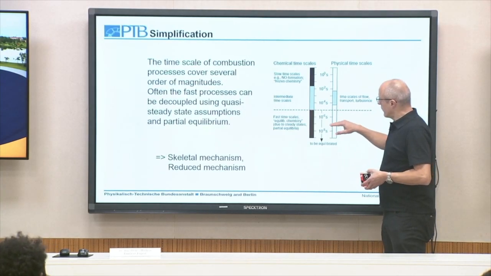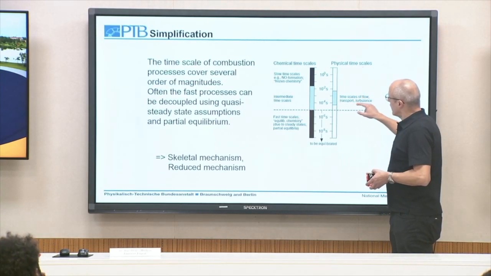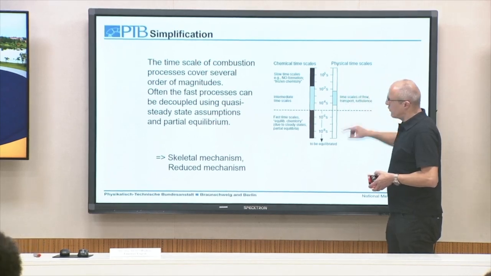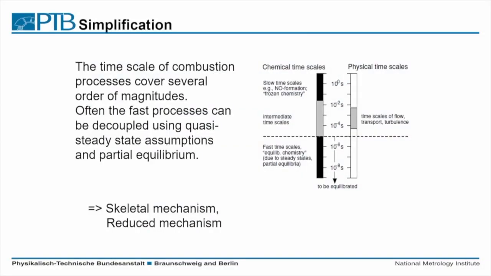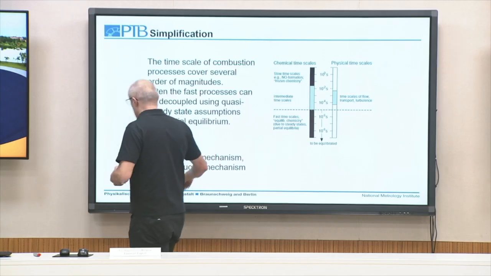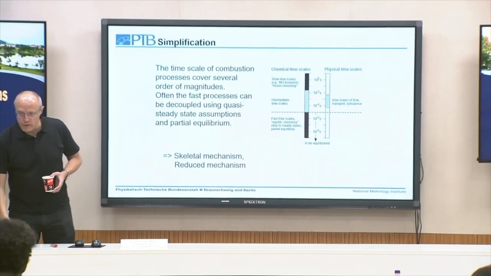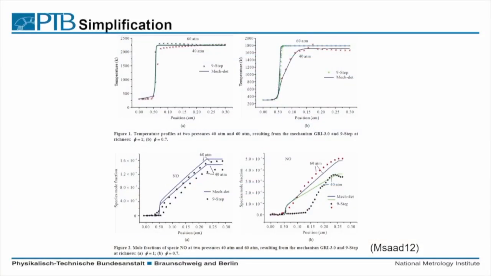If we want to calculate a turbulent flow, we can assume that these steps are much faster, so this we do not have to resolve anymore. So we can use skeletal mechanisms and reduced mechanisms.